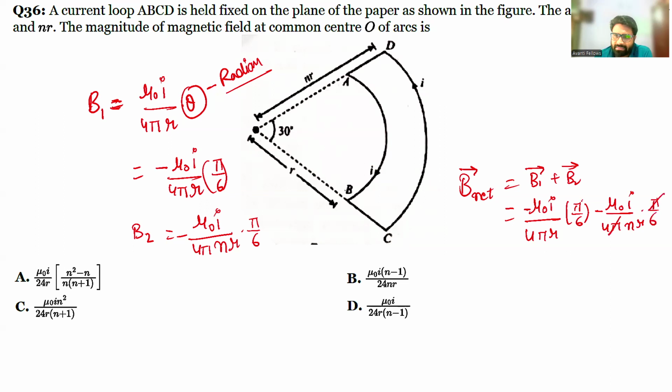Pi and pi will cancel out. So it will become mu naught I upon 4r into 1 minus, you can take the minus also common, so it will become 1 upon 1 by n. And multiplying the n here, that will become minus mu naught (n plus 1).